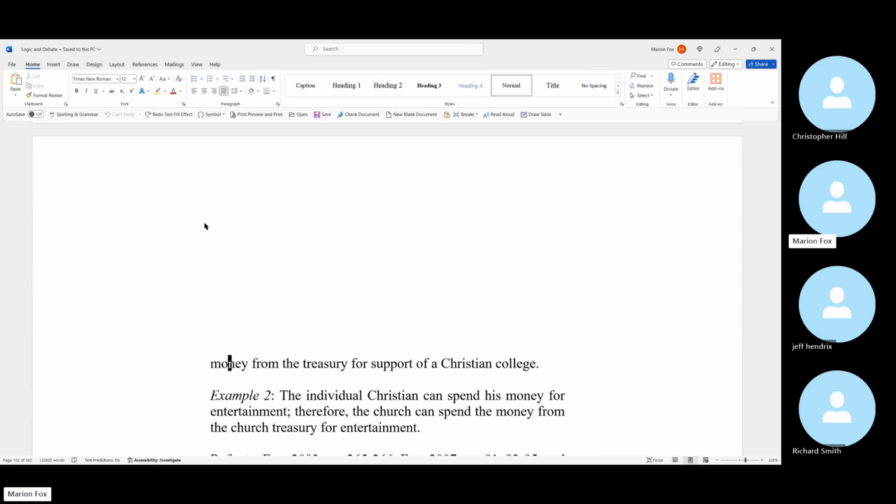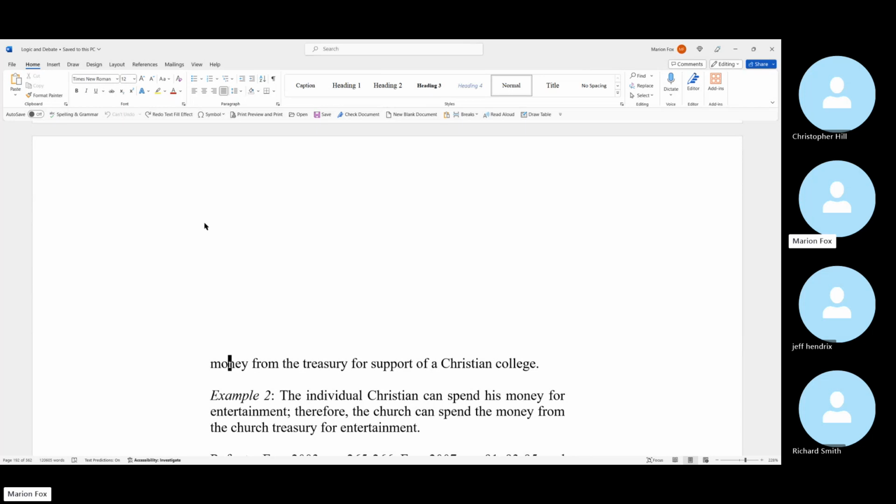Oklahoma Christian College, when I went there, it was part of their charter that they couldn't accept money from the treasury of churches. But the churches east of the Mississippi were taking money out of the treasury. So this is an issue, and I believe that just because an individual can support the Christian college doesn't mean that the church, the collective, can.